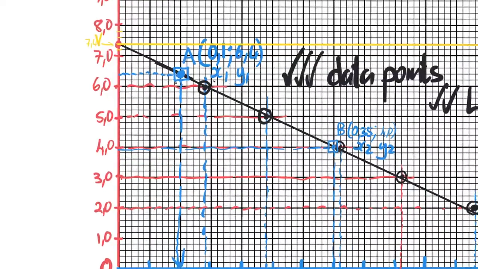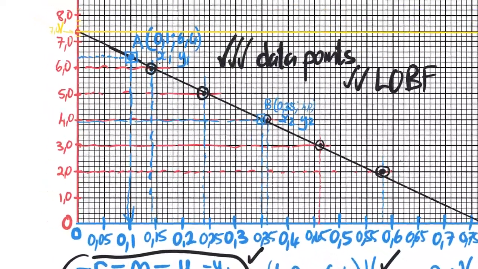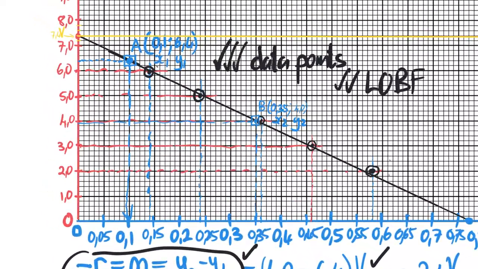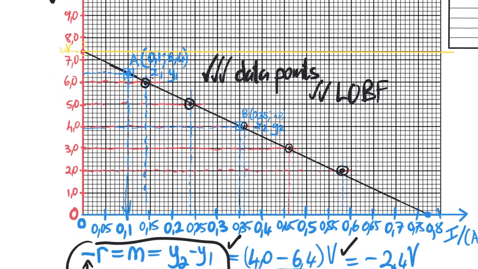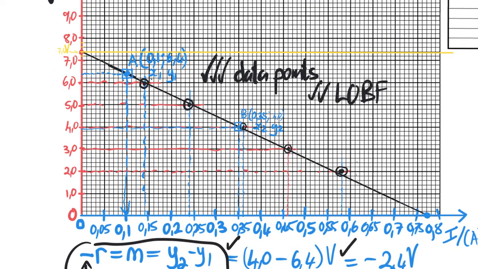But because of the internal resistance, whenever current flows, there is a certain amount of voltage lost internally in the battery. This lost volts is the difference between the EMF and the actual voltage reading at that point, which is V external, V operational.